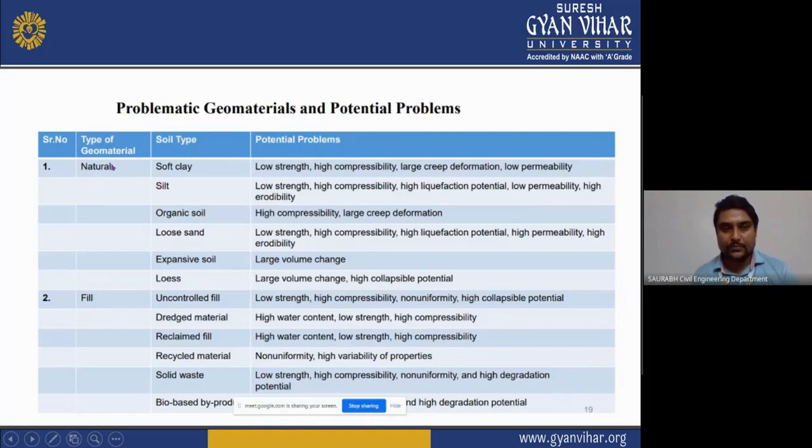If the soil is natural soil, it may be soft clay, silt, organic soil, loose sand, or expansive soil. In these soils there are some different qualities, and they create potential problems: some have low strength, some have high compressibility, some have high liquefaction potential. So this soil can be improved by the methods of ground improvement.